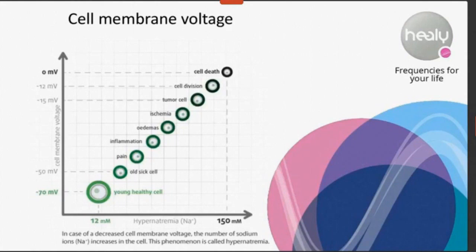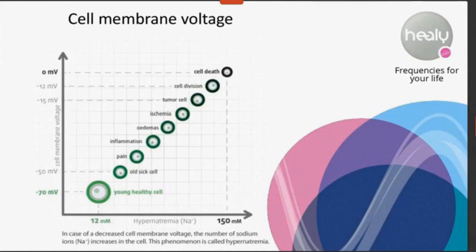So in very simple terms, we want to reverse the process. That is the idea of Healy app. We want to reverse the process by providing the correct frequencies applied via the wrist electrodes to your body or to your client's body or to whoever.